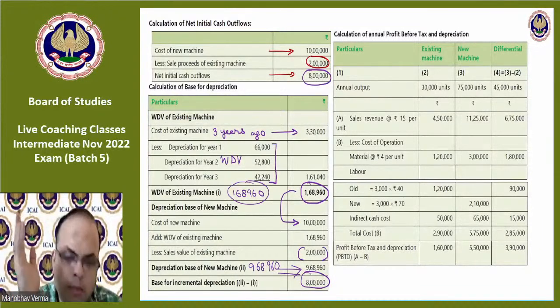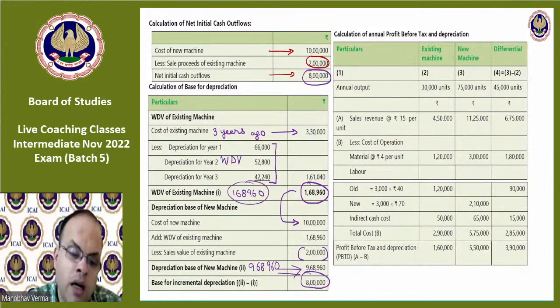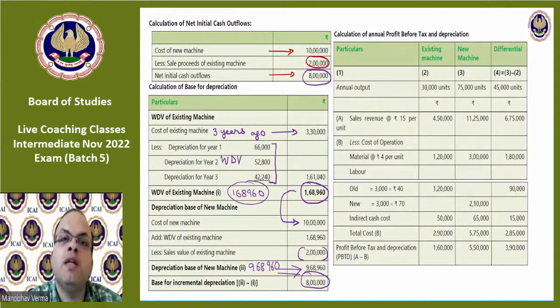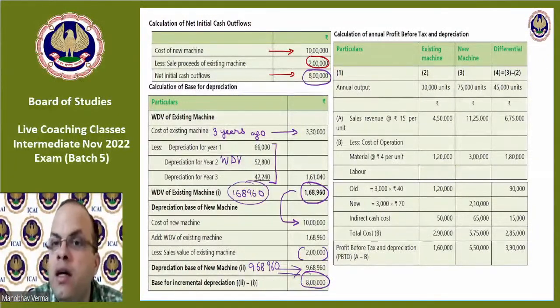I'm not concerned about the earlier block, because other assets will anyways be there. That is not my concern, right? I don't need the overall block value. I'm more concerned with the increase in the value because of the replacement of machinery. So 8 lakhs will be the basis for additional depreciation.